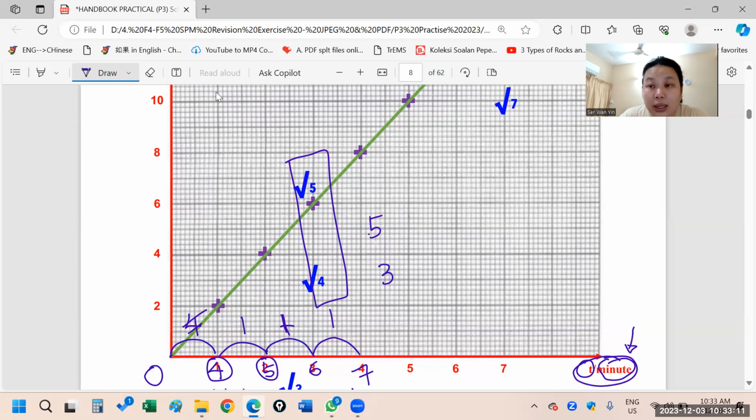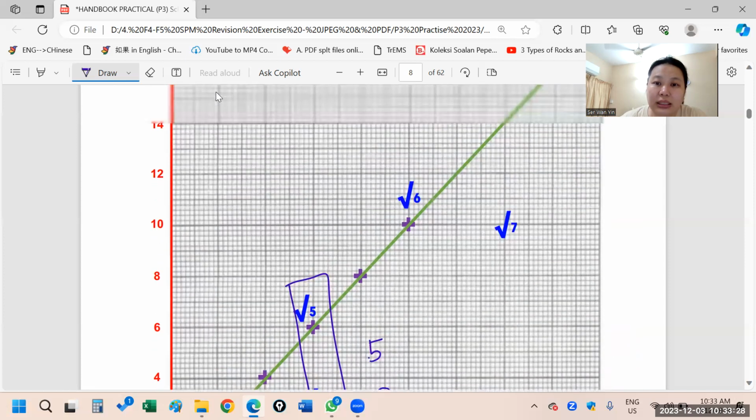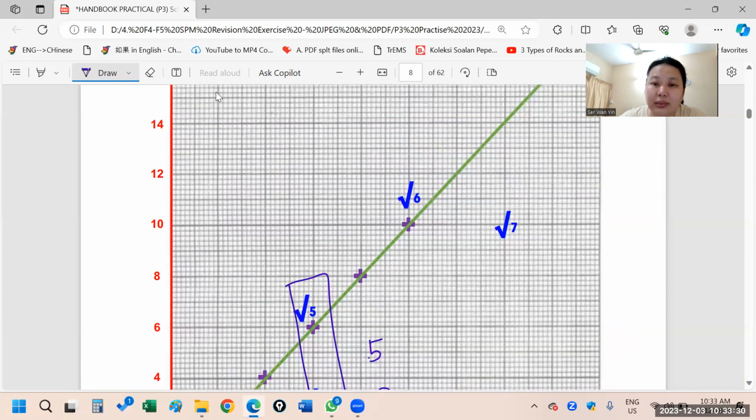So that's why if you feel your data is wrong, but it's still plotted based on your data, you still get 4 and 5 because we are testing your skill on drawing graph. Doesn't matter.